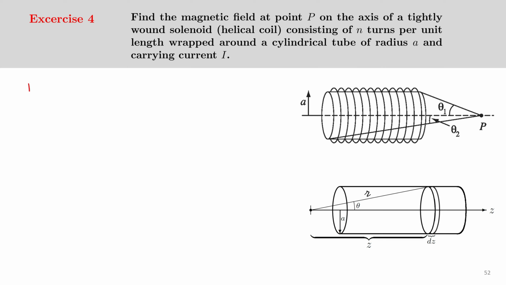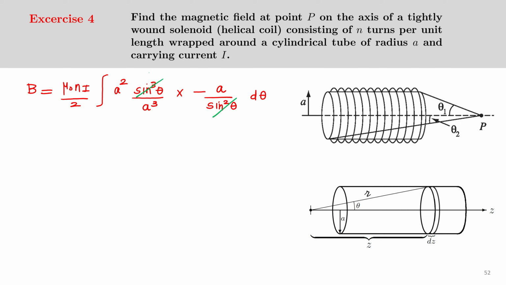Substituting 2 and 3 in 1, we have B as equal to mu 0 n I over 2 integral a square sine cube theta divided by a cube multiplied by minus a over sine square theta d theta. Sine cube theta and sine square theta will get cancelled.